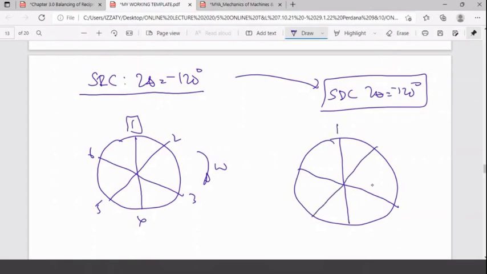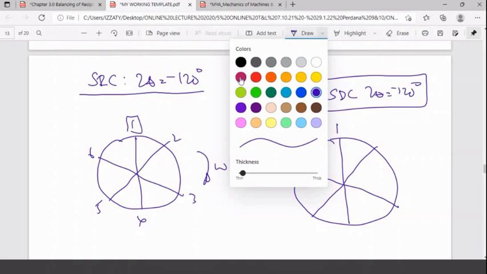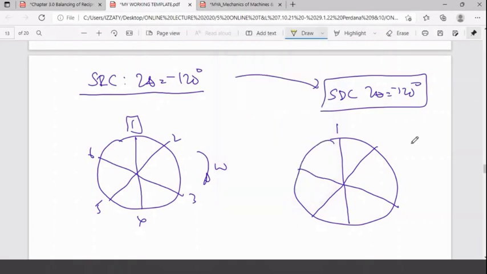Number 1 is the reference, isn't it? So now number 2 moves how many segments just now? 5 segments, isn't it? 1, 2, 3, 4, 5. For secondary it is 10. Secondary direct 10. Secondary reverse.